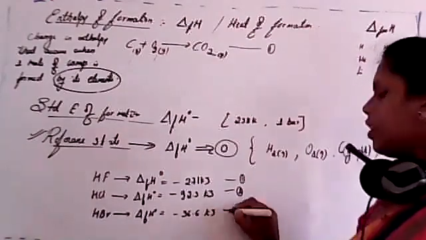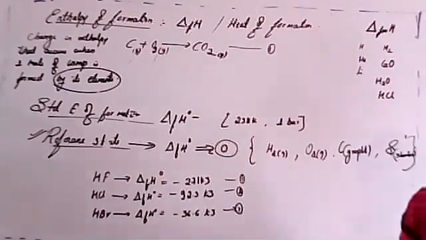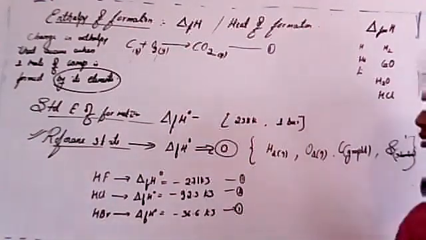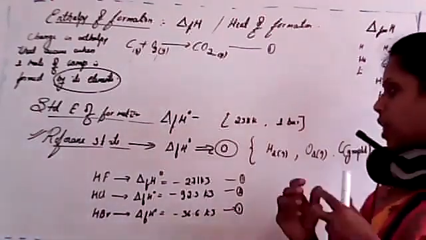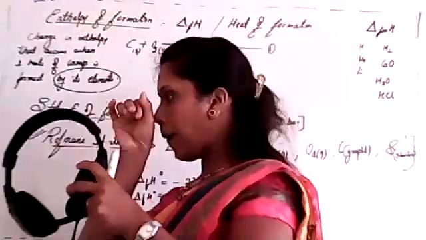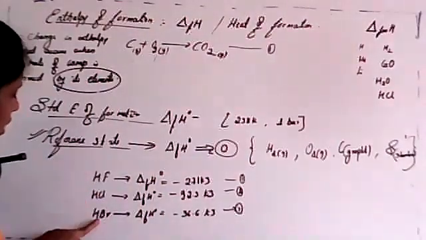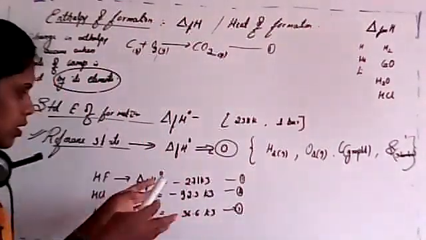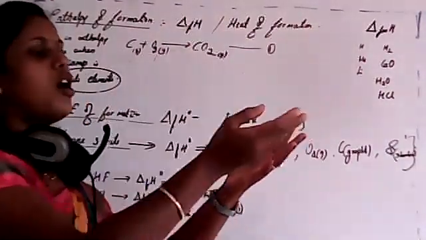Which one of these 3 compounds is stable? HF, HCl, HBr? Think over this. Negative sign indicates elimination of energy.